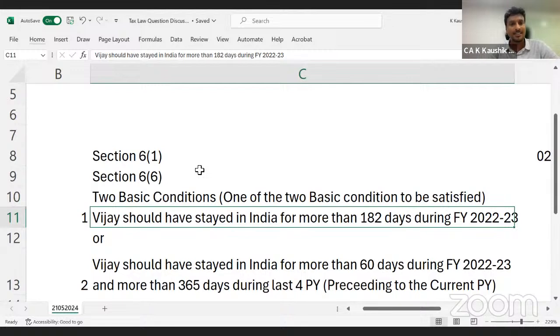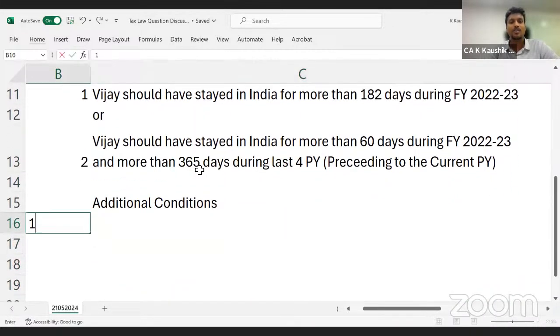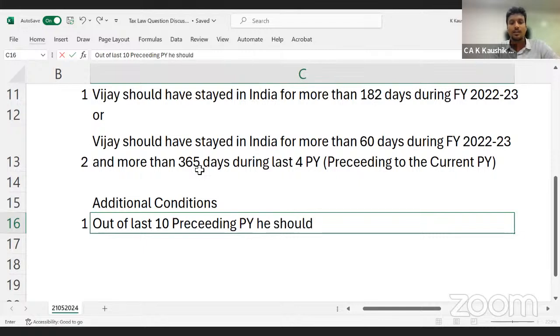The moment he satisfies the basic condition, we check the additional condition. What is the additional condition? Out of the last 10 preceding previous years, he should be resident in 2 previous years.